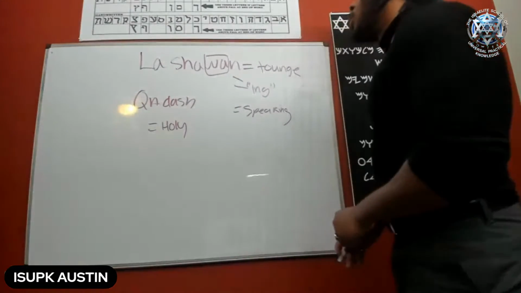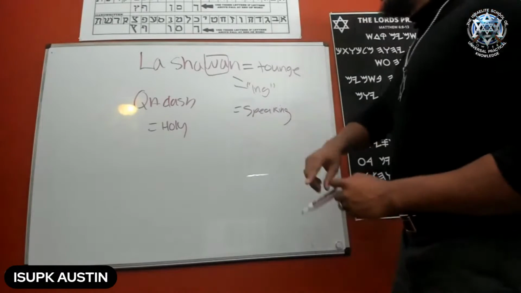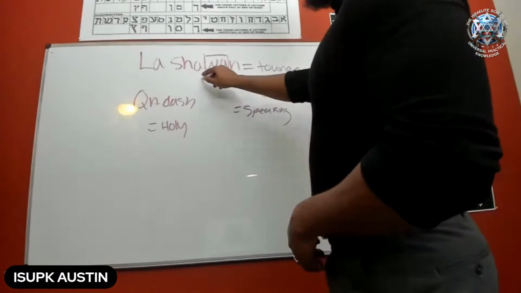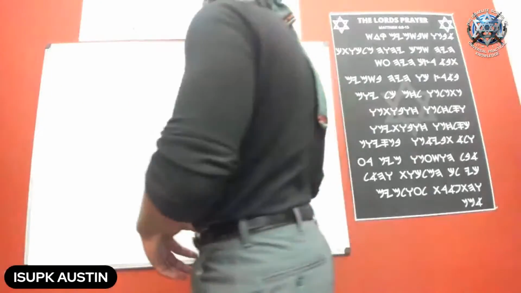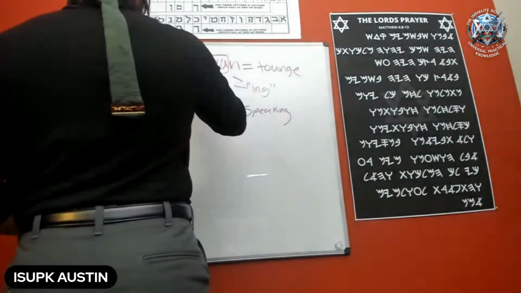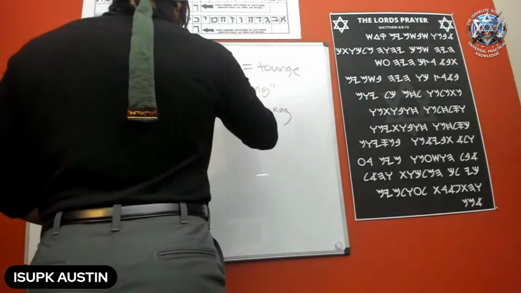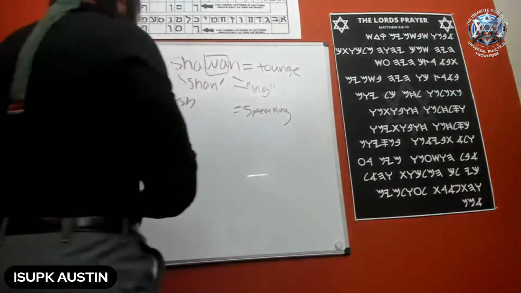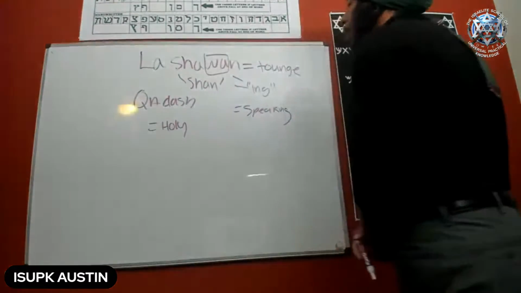We showed what wan at the end of the name means, right? You don't want to get confused with wan right here, because the root word of shawan is shine. It's just tongue, right?